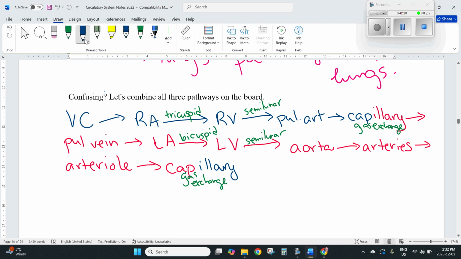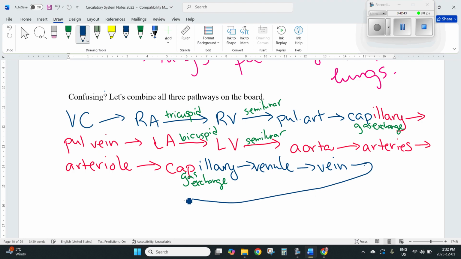Now, on the opposite end of a capillary bed, we have a venule. The venule will drain into a bigger vein, and then the biggest vein in the entire body is your vena cava. Now, remember, your vena cava has a superior and inferior part. So if you're coming from the top of the body, it'll go through the superior vena cava. If you're coming from the bottom part of the body, it is your inferior vena cava.